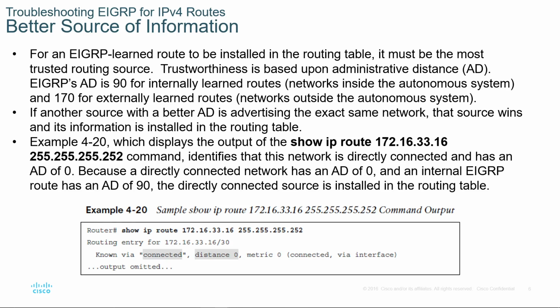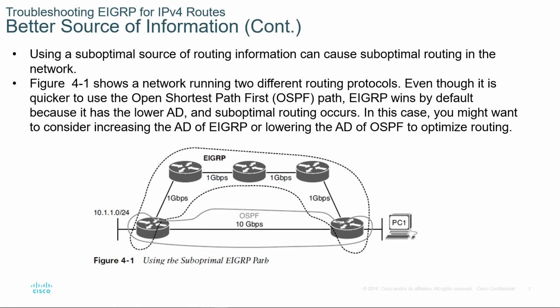So when we're talking about better sources of information, one of the things we need to look at is the administrative distance, because remember, that's the first deciding factor on how trustworthy a source is. So in this example here, we have a suboptimal path being formed because the OSPF administrative distance is higher than EIGRP's.